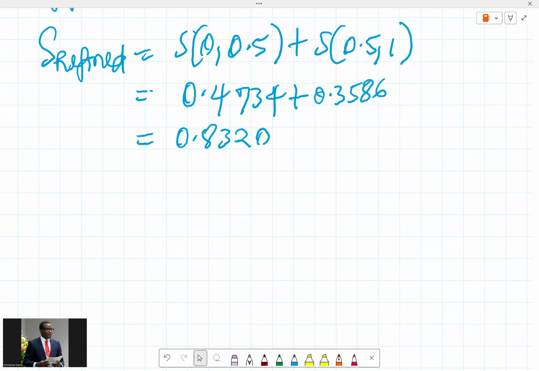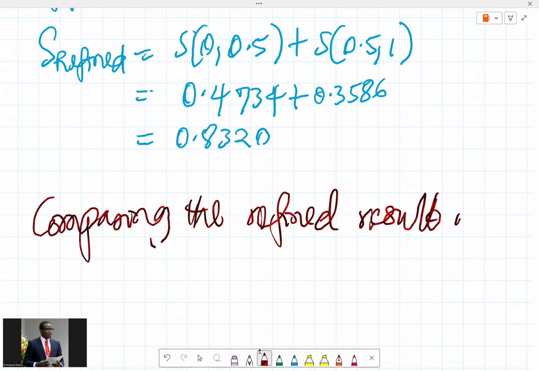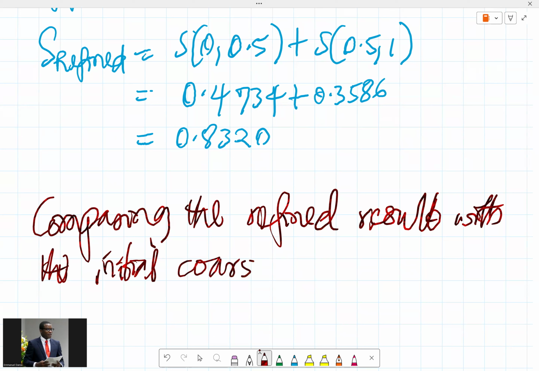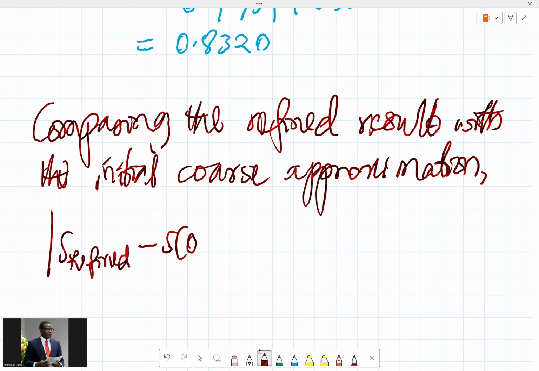approximation. So comparing the refined result with the initial coarse approximation, we have the absolute value of S refined minus S over the whole range.